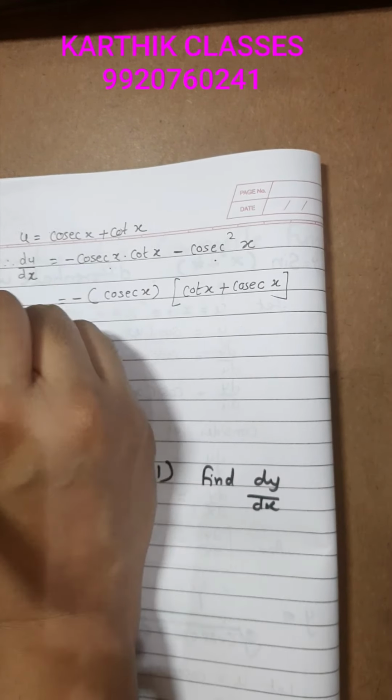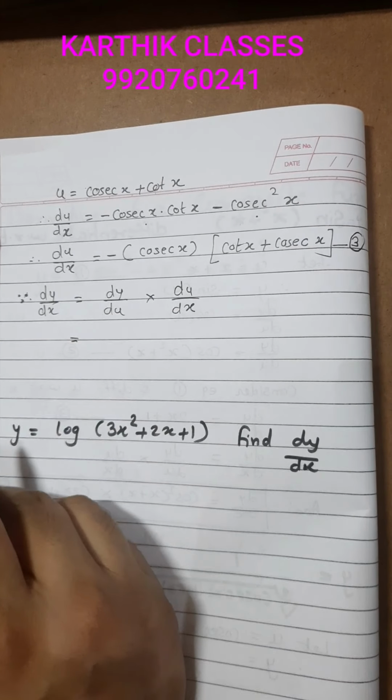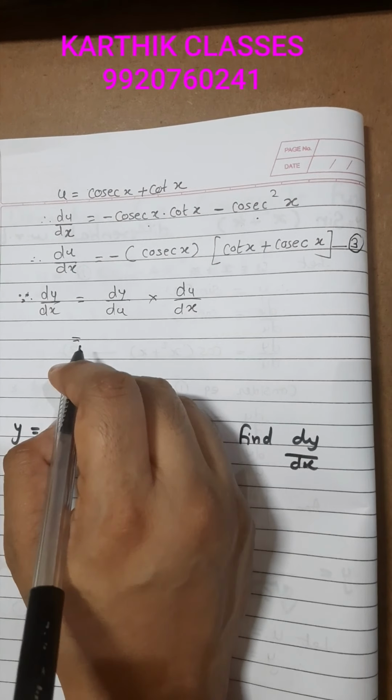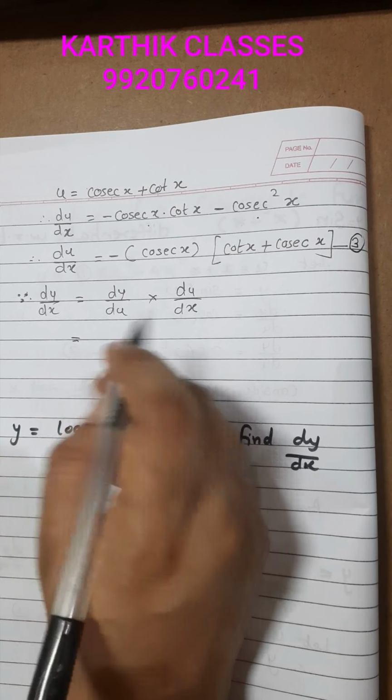Therefore dy by dx is dy by du into du by dx. Okay, so our dy by du was there on the last page.